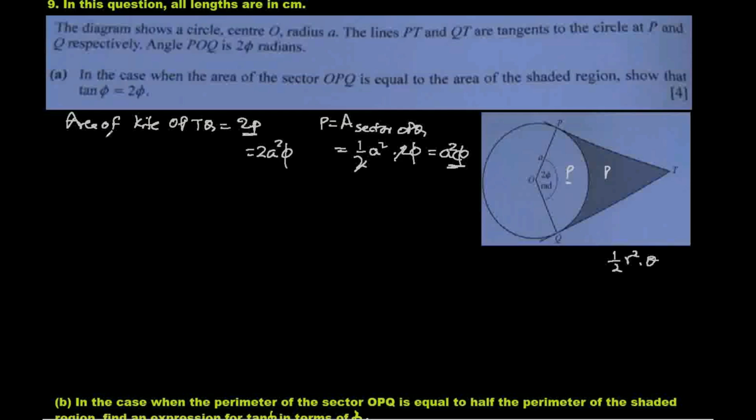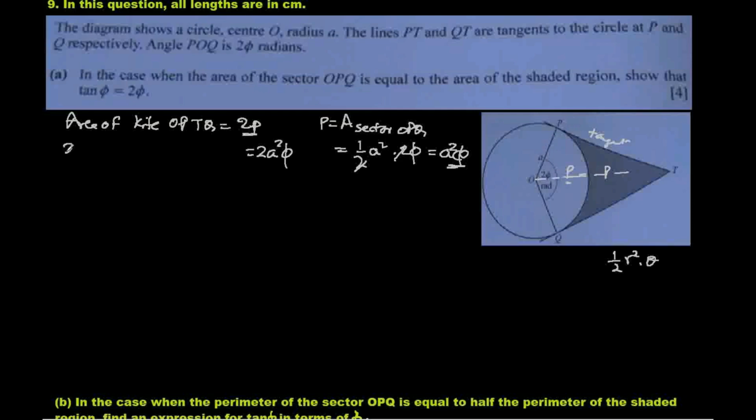Now, what is the area of kite OPTQ? If you remember, this is a tangent. This will be a right angle triangle in that case, because radius and tangent always make a 90-degree angle at the point where they meet. And this is what I will use. I will find the area of this one triangle and multiply by 2, and it will become the area of the kite. So I'm finding the area of this triangle OPT.